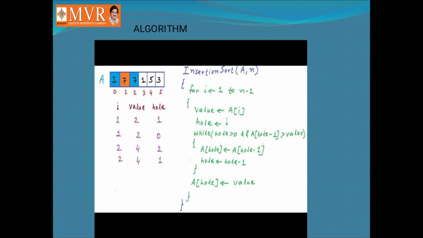For i from 1 to n minus 1, that is from the first location I perform the operation till n minus 1 elements. Since I assume the 0th element is in order, I start with the first position element, comparing it and placing it in the sorted order.